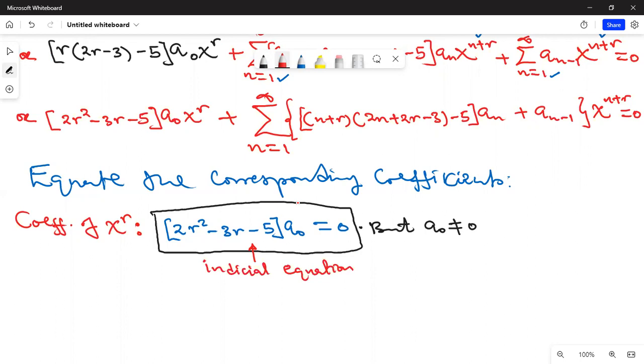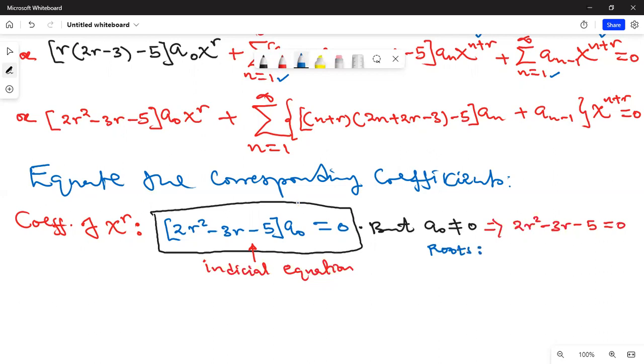And we said a naught is not equal to 0, so therefore it means that the other factor is 0, so 2r squared minus 3r minus 5 must be equal to 0. So what are the roots when you solve it? That's a quadratic equation in r, which you know how to solve.